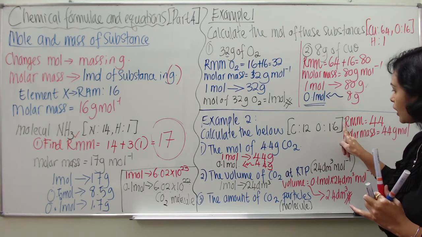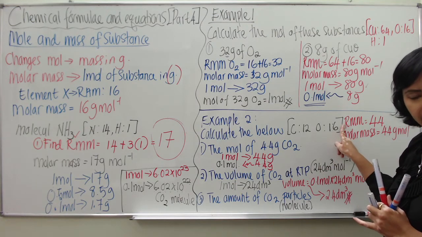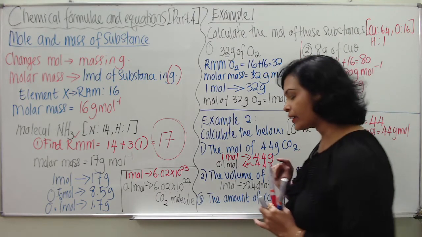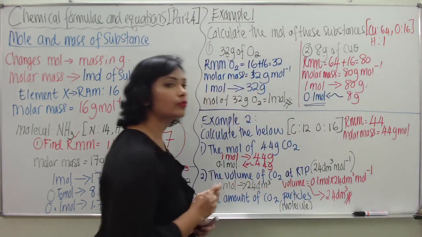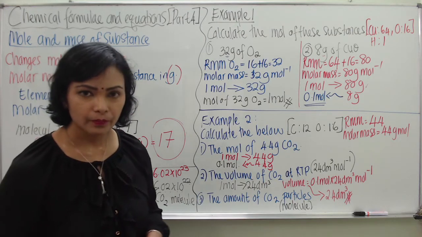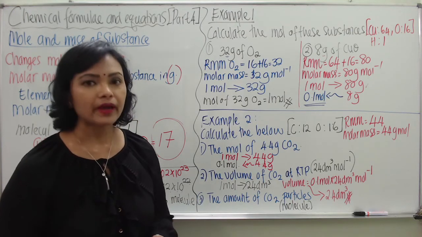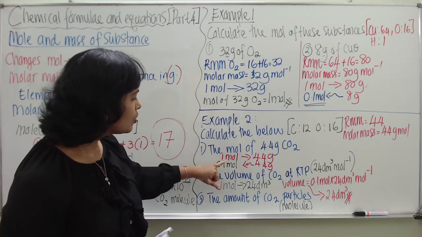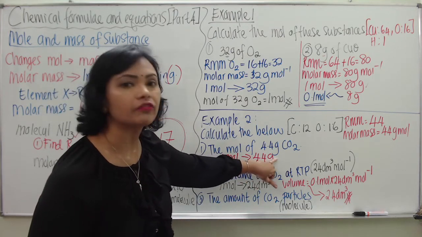So you have to count the relative molecular mass, then relate it to molar mass. Once you get the relative molecular mass of 44, this shows that molar mass is 44 gram per mole. That means in order for me to have 1 mole, I must have 44 gram.